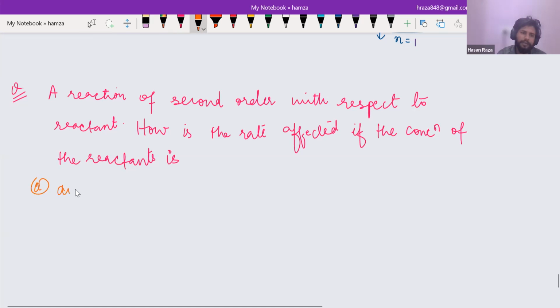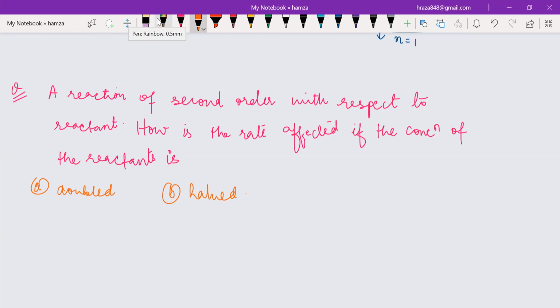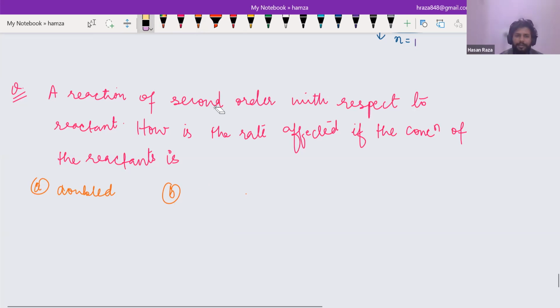A part is double and B part is half. So this is the question for you. Please do write. So what's B? B is half.